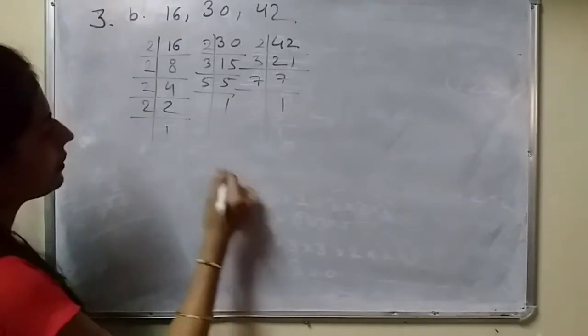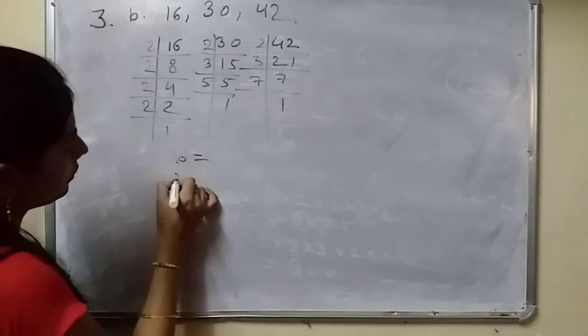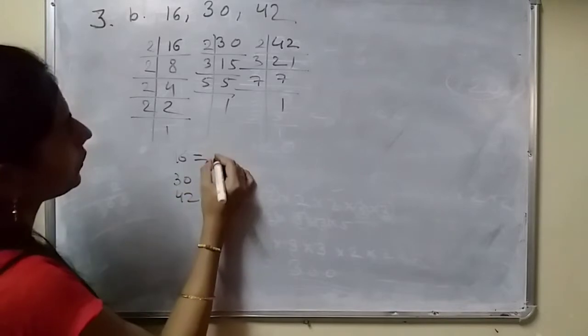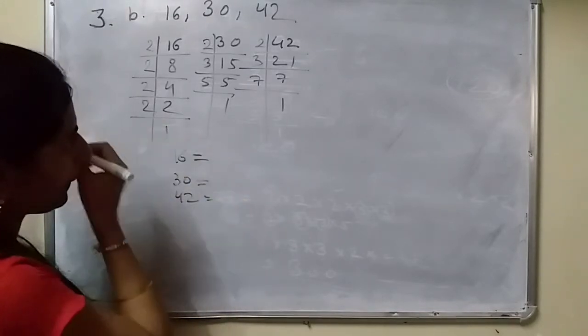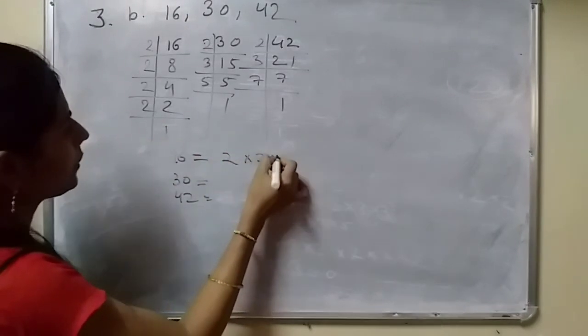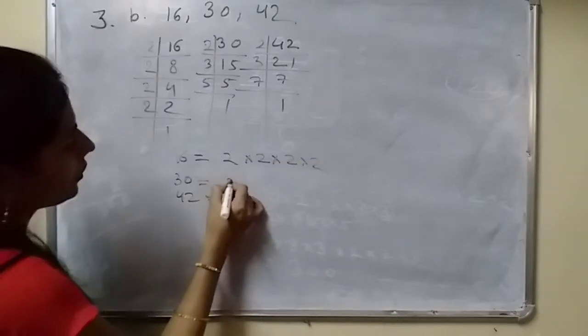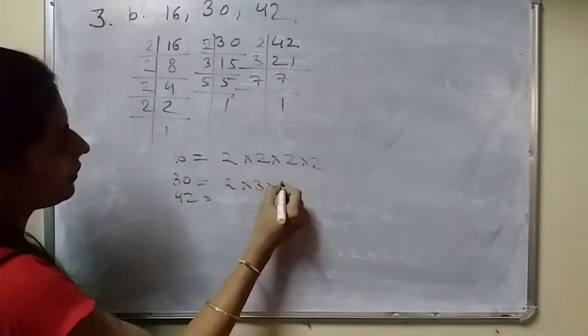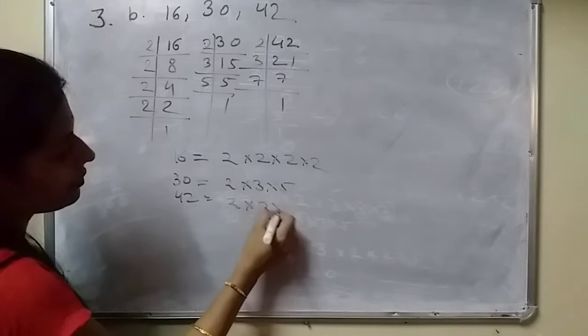See the multiples here, 30, 42. 2 into 2 into 2 into 2, 2 into 3 into 5, 2 into 3 into 7.